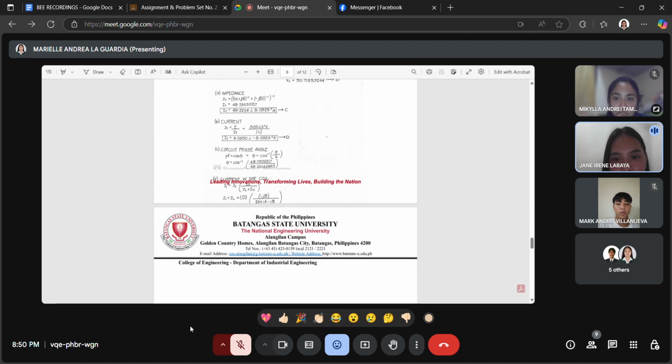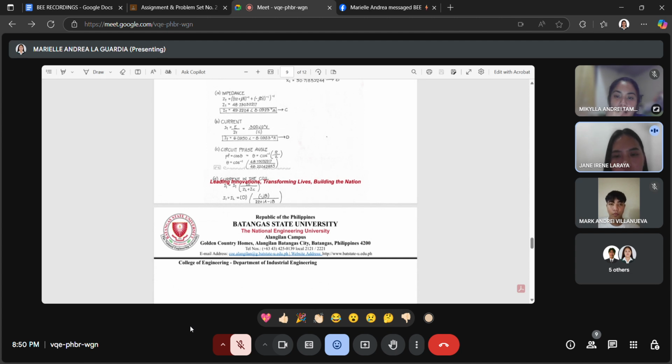Next, we have the supply current. We calculate this using voltage over Z total. The voltage is 300 volts at an angle of 0, and since we already calculated the total impedance in part A, we store that value under letter C. Dividing the two gives us a supply current of 6.0950 amperes at an angle of negative 8.0923 degrees.